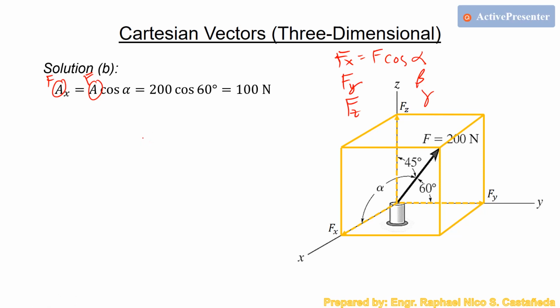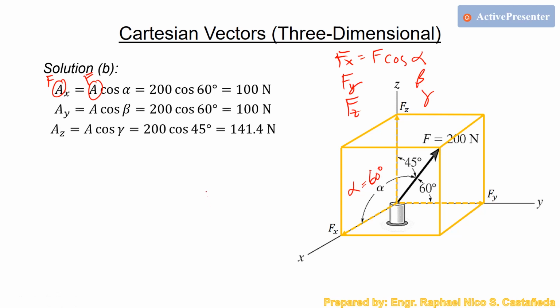So that is F cosine 60 because we already calculated this one as 60 for alpha, and beta, and gamma. So all of this is F. So you will have the xyz components. All of them are directed to the positive xyz axis.